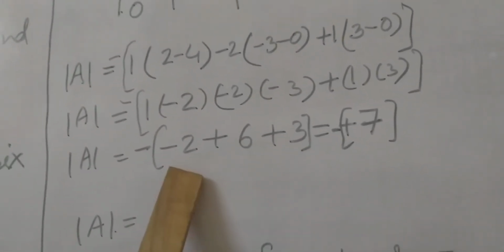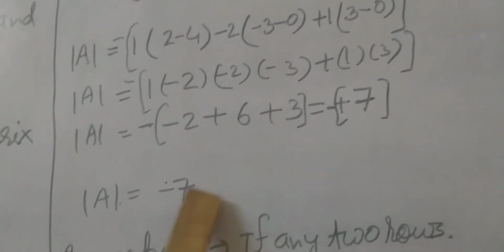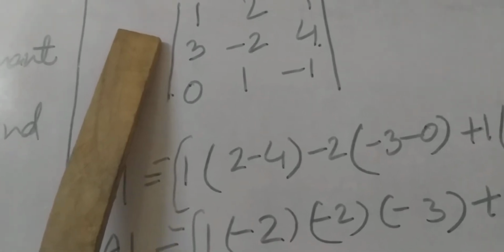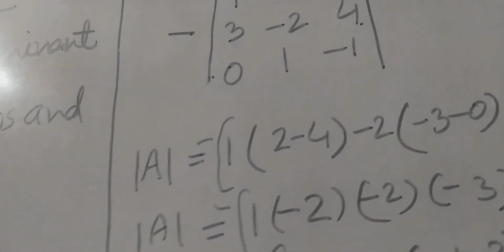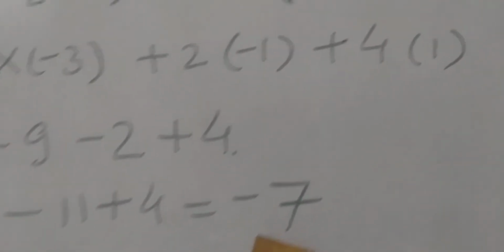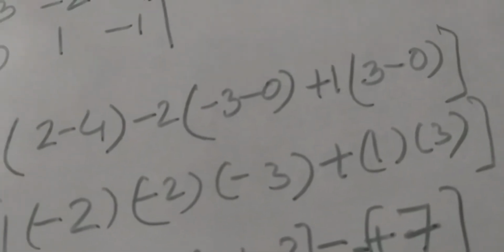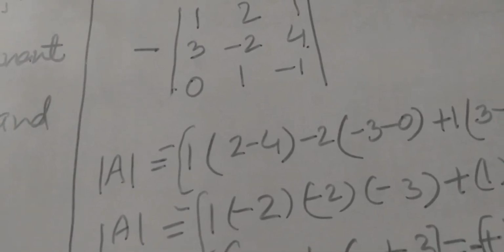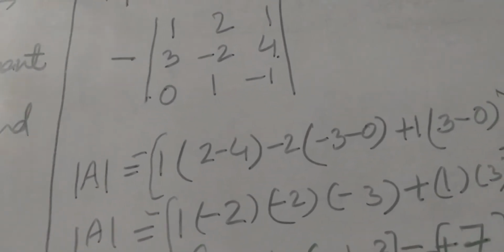So 9 minus 2 is 7, and with the outside minus it becomes minus 7. Students, if I had not put the minus here, the answer would be plus 7. That means the sign changes: earlier the determinant was minus 7, now it is plus 7. I put the minus sign to show you that the determinant will become negative; its sign will be changed.